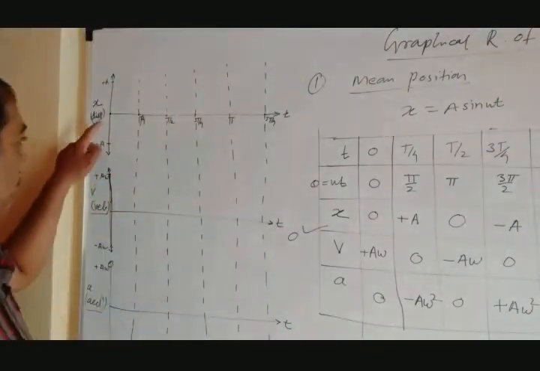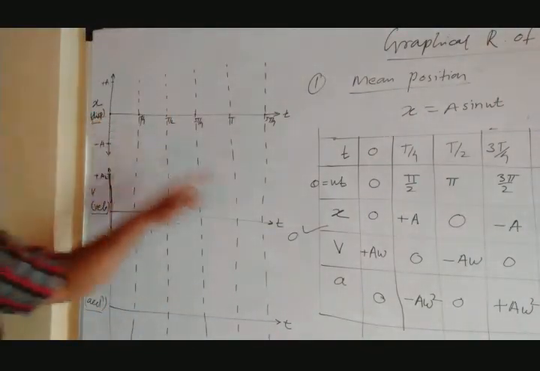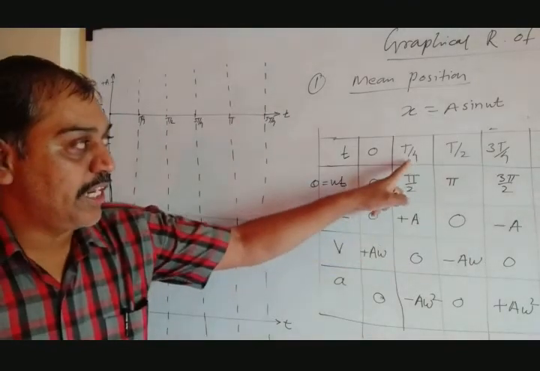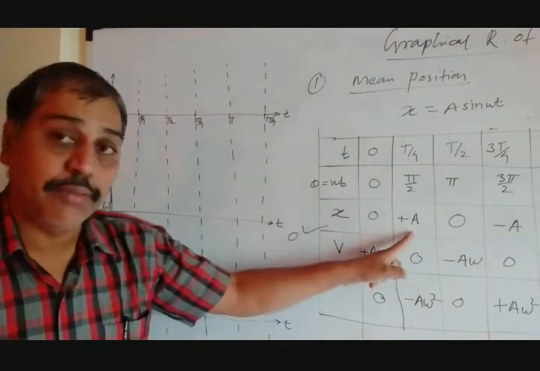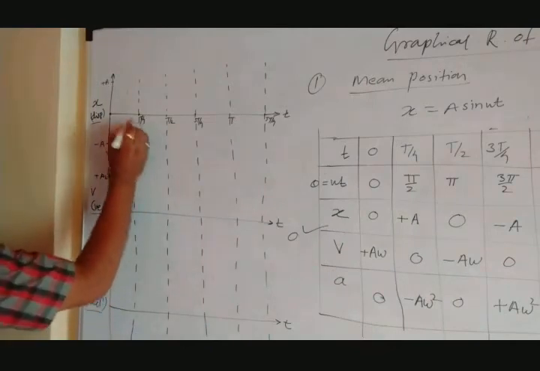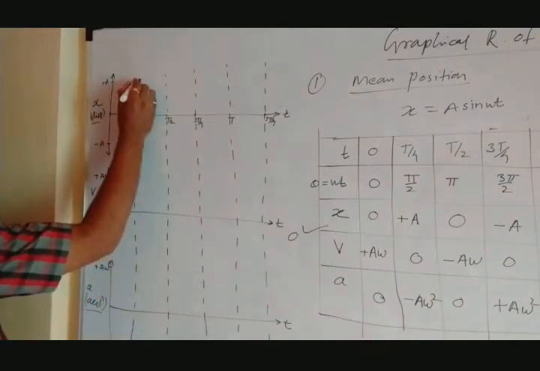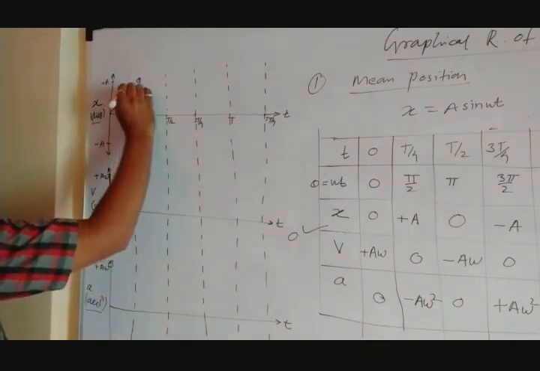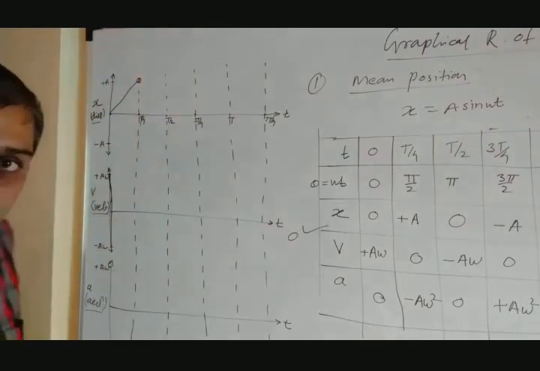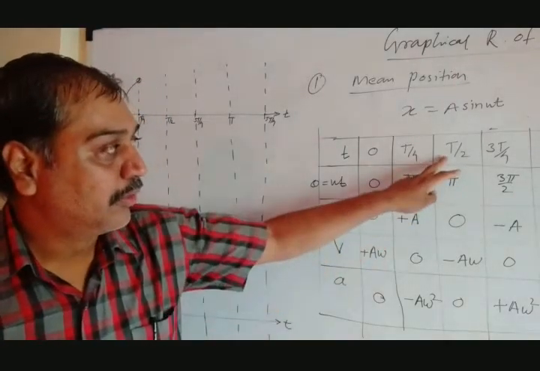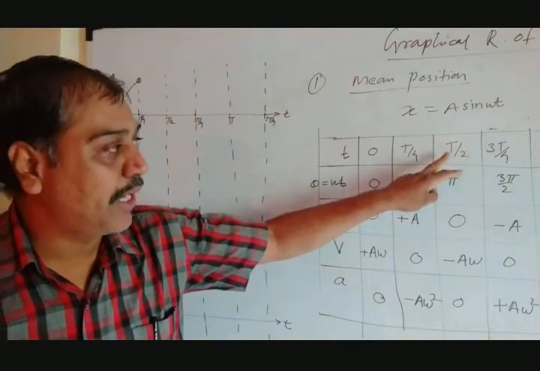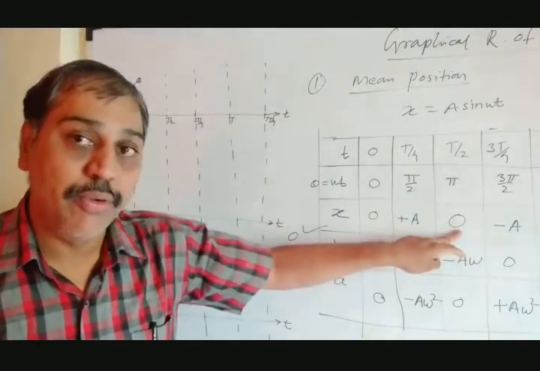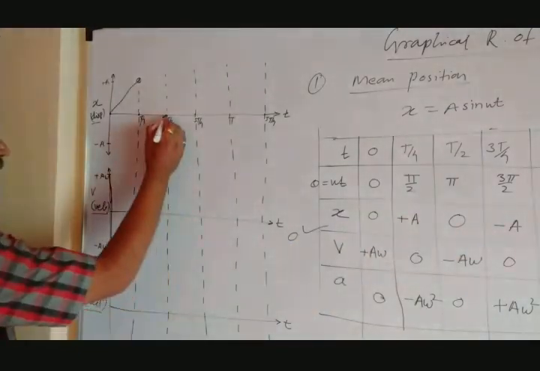Now see, this is the first point: t equal to 0, x equal to 0. T equal to T by 4, x equal to plus a. The point comes here. Just connect it like this. Then t equal to T by 2, what is x? 0.